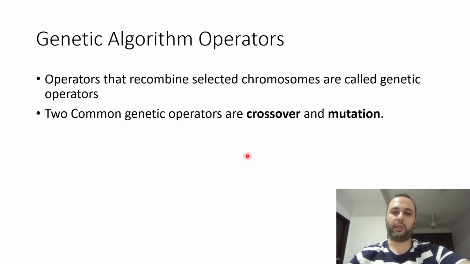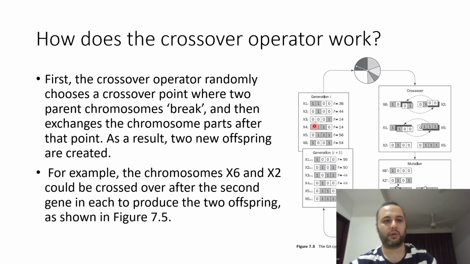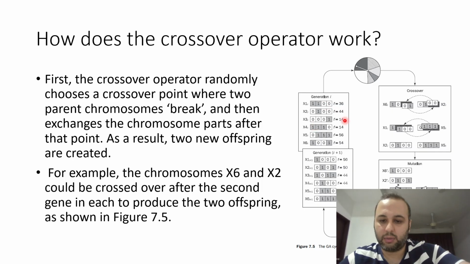Genetic algorithm operations, as we mentioned, are two: crossover and mutation. Okay, how does it work? Look at this cycle here. We have this generation, the chromosomes X1, X2, X3 until X4.